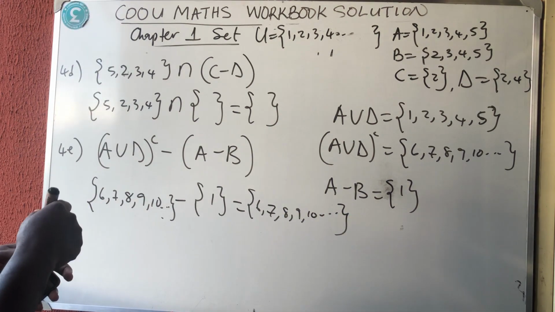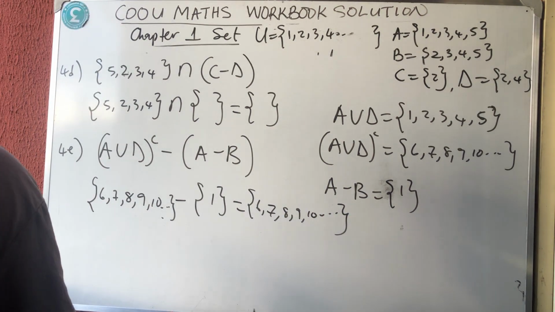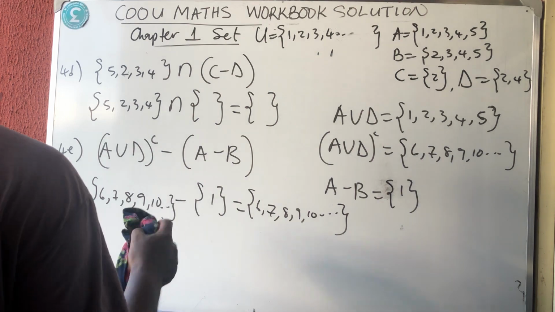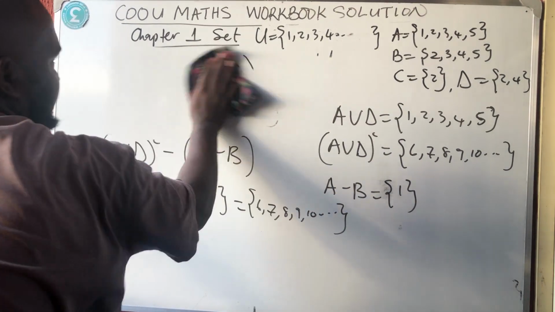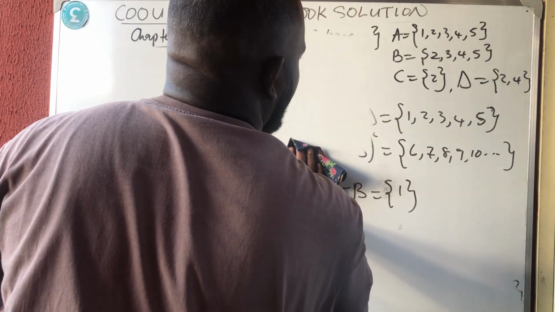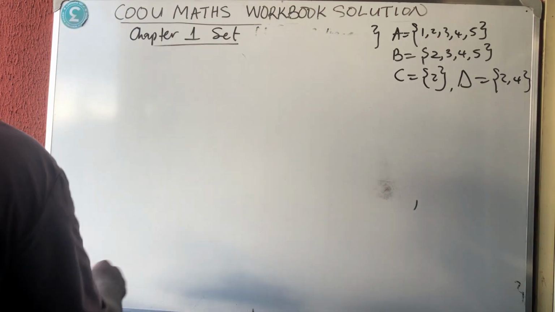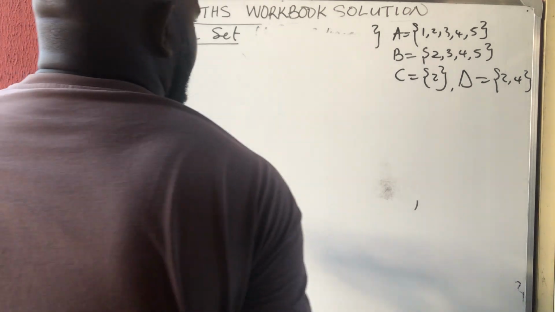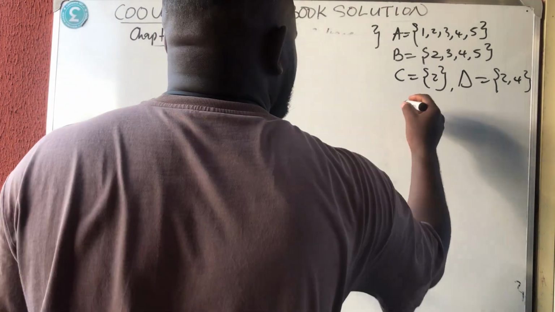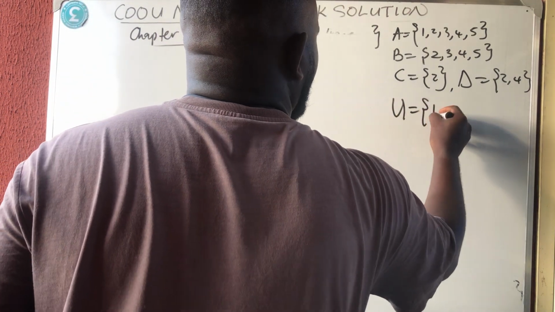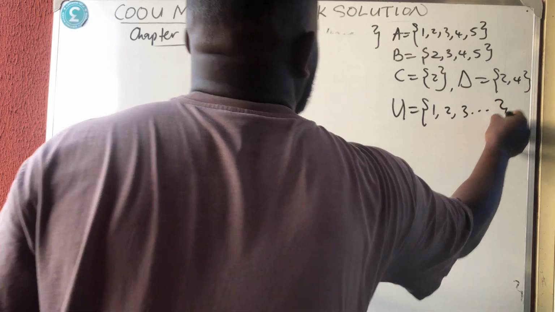So that is the answer for 4E. Let me list my universal set this side: the set of 1, 2, 3 till you get where you're going.